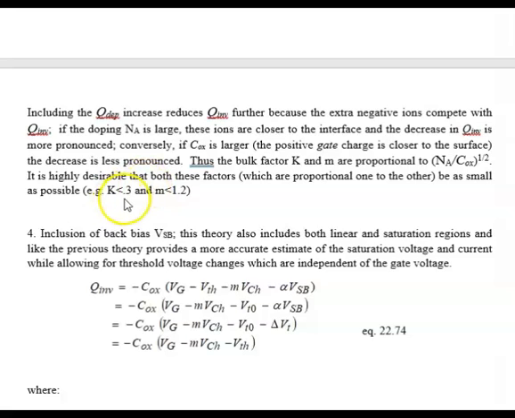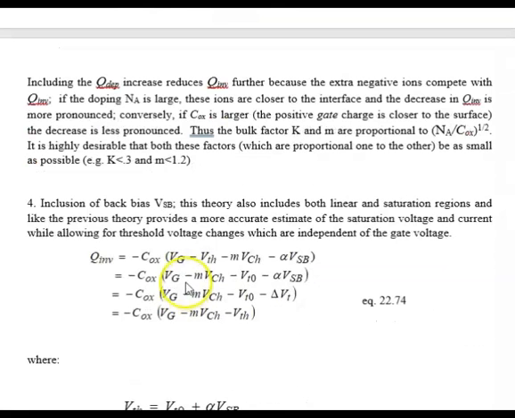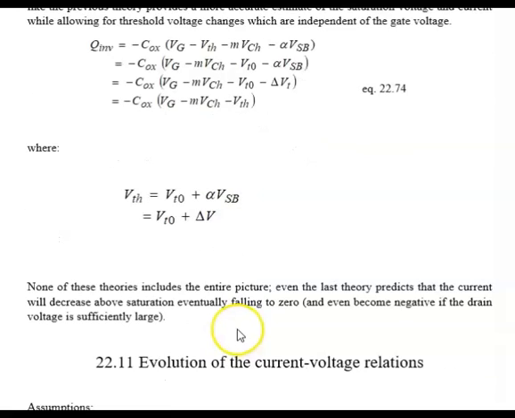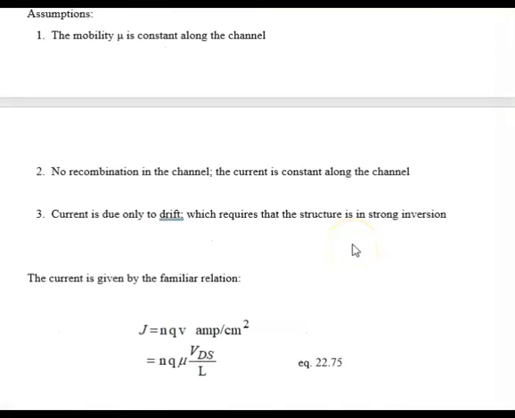K's on the order of 0.3 or less are reasonable. M's, which are unitless, we'd like to see well below 1.2. 1.1 would be ideal. And then we have the issue of the body substrate, which actually increases the threshold. So that's just by way of review. And if we look at the current voltage relationships, then the assumption is that mu is a constant along the channel.